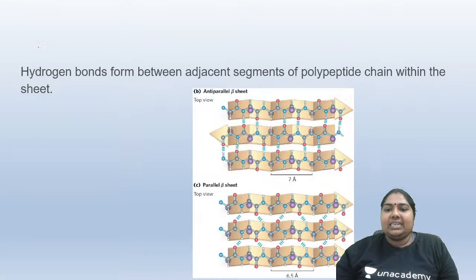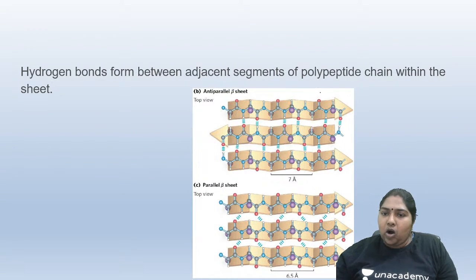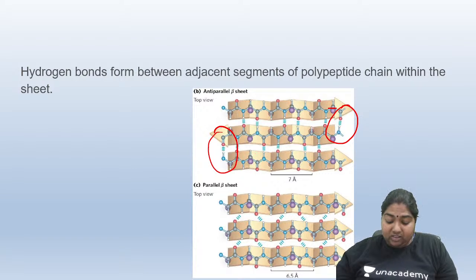Alright, so turns are very common with your anti-parallel beta sheet. Can you see here? Yes, this is what is called a turn. The turns are much more common with your anti-parallel beta sheet.